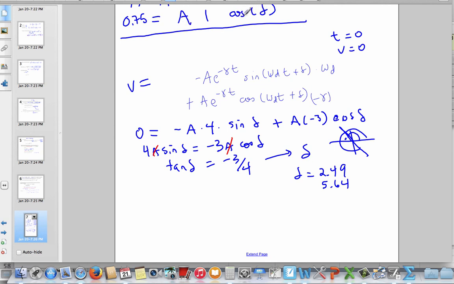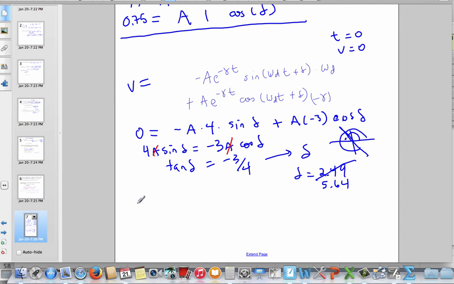So we're going to pick the quadrant 4 solution, because that's going to give us a positive cosine. If we have a quadrant 4 solution here, does that give us the correct initial velocity? Yes, it will, because this sine will be a negative number. So this side works. And then quadrant 4, cosine will be positive multiplied by negative. That will agree. So we will reject this one, because it doesn't give us the correct initial position, and we'll use this one.